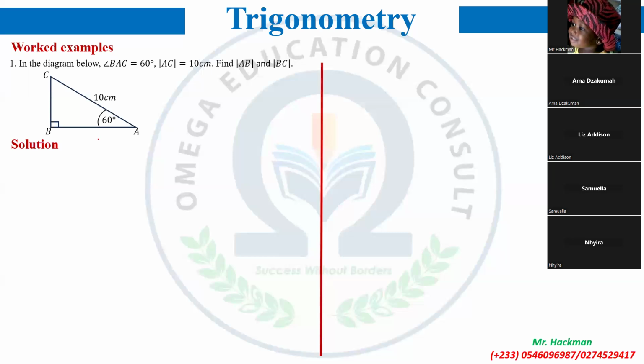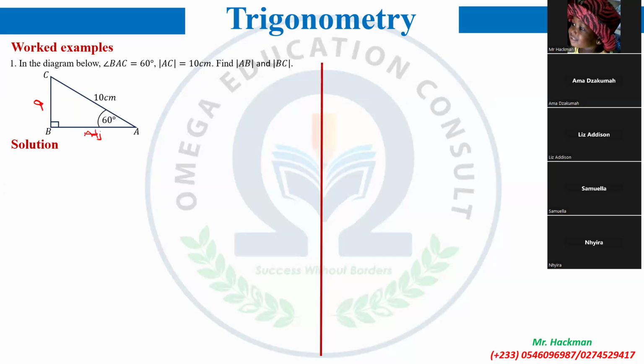Is AB opposite or adjacent? Adjacent. Remember, opposite will be this. So if you like, let's use this rough way: you can use OP for opposite and AD for adjacent.